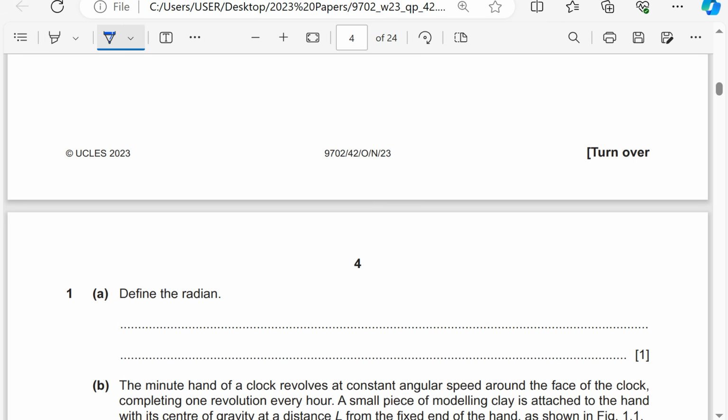Of course, if you recall that delta theta, the angular displacement, is the arc length over r, then it means that if r is equal to the arc length, delta theta would be equal to 1 radian. So for a radian, the arc length is the same as the radius.